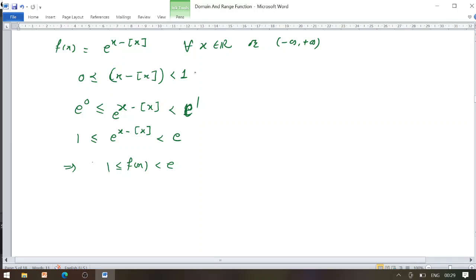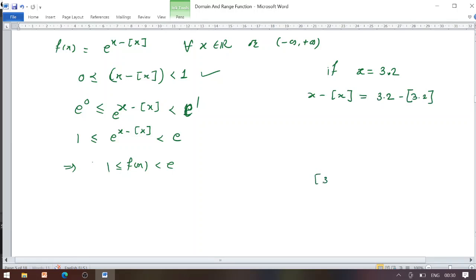Why should it happen that 0 is less than or equal to x minus the greatest integer value of x not greater than x, strictly less than 1? Because, for example, if x is any real value, I would like to consider 3.2, and we find the value of x minus the greatest integer value not greater than x. That becomes 3.2 minus the greatest integer value of 3.2 not greater than 3.2.